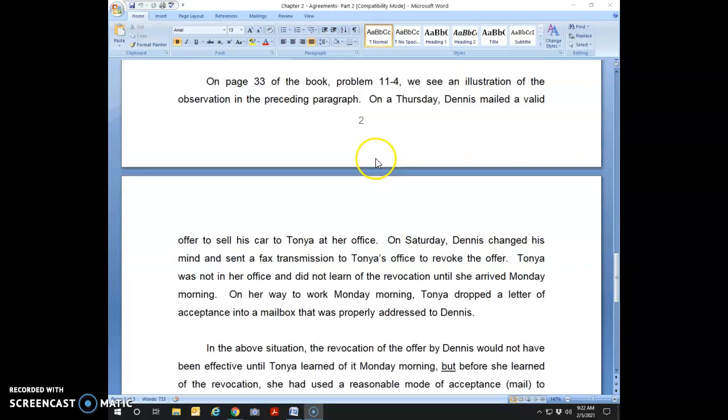And what we see is Dennis mails a valid offer to sell his car to Tonya. He mails it to her office on a Thursday, and she must have received it by Friday. In any event, on Saturday, Dennis changes his mind, and he transmits a fax to Tonya's office to revoke the offer.